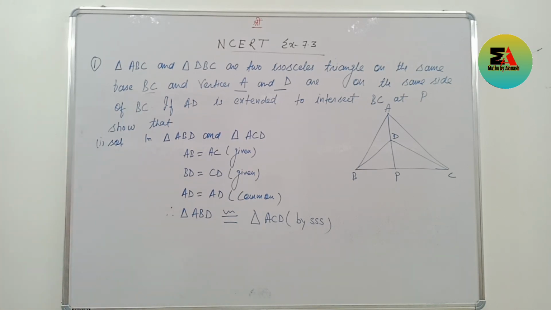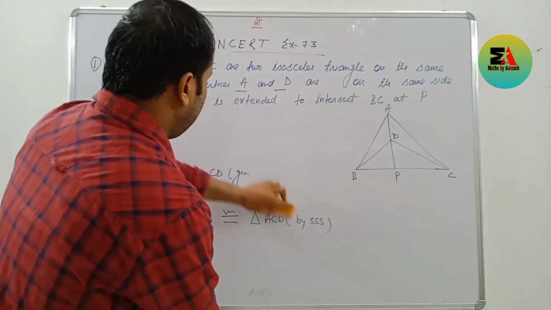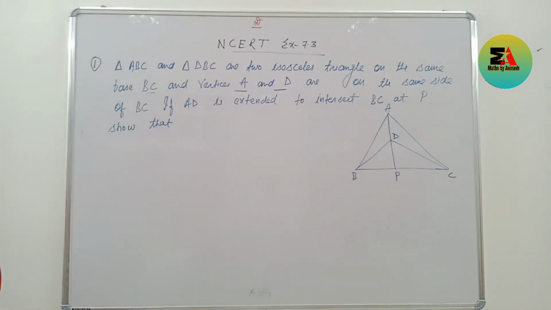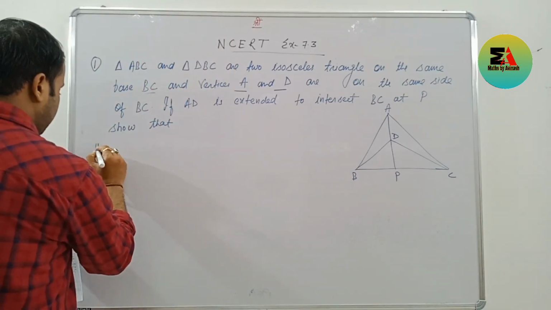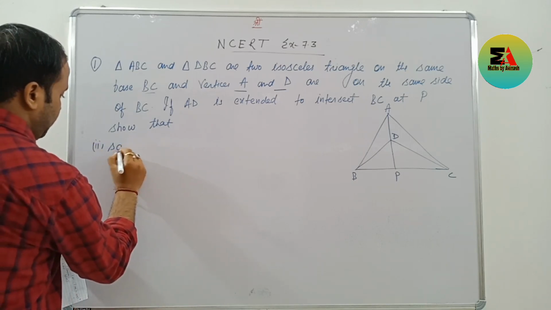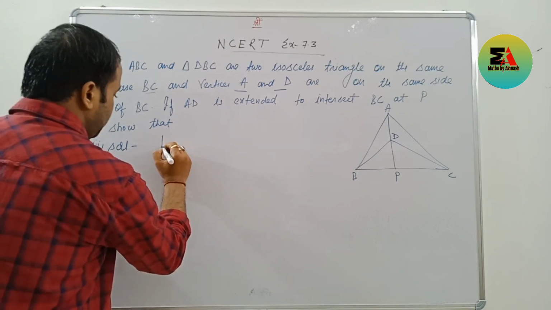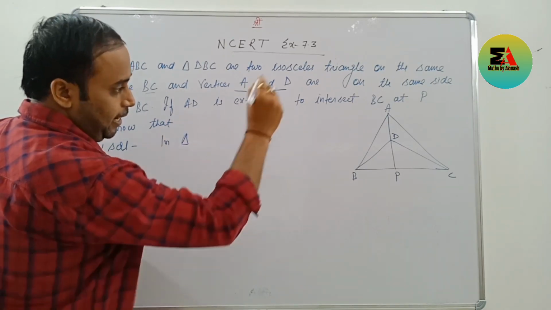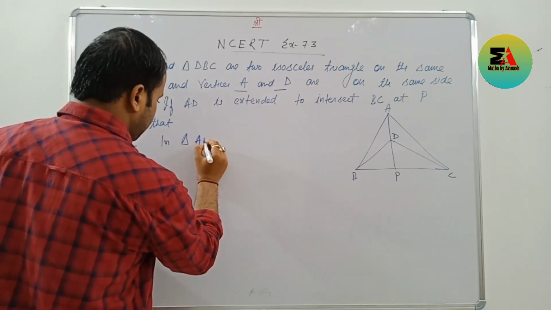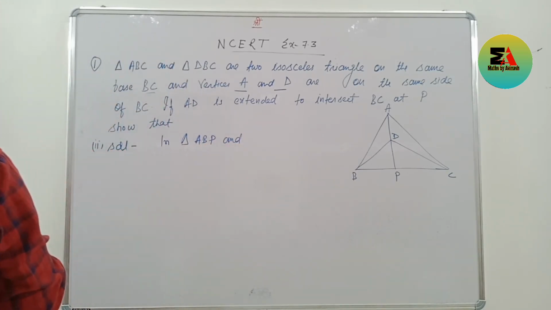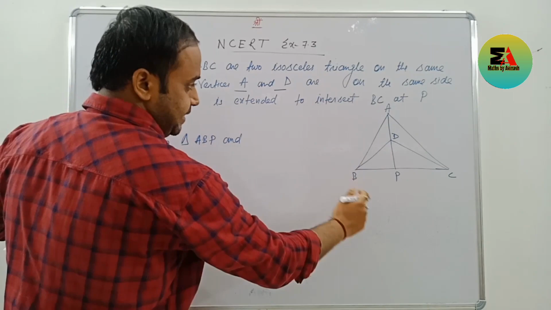Now we have to solve our case 2. This is the solution of case 2. In case 2, you have to take triangle ABP and triangle ACP.